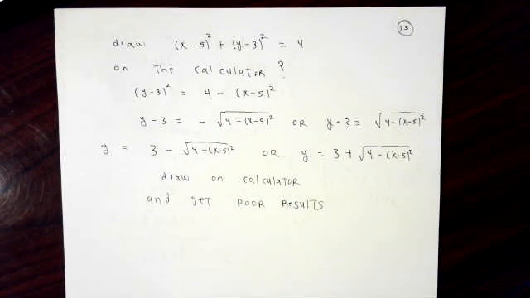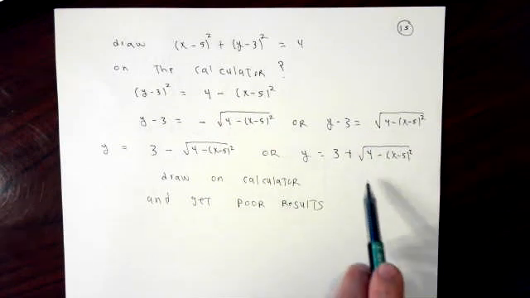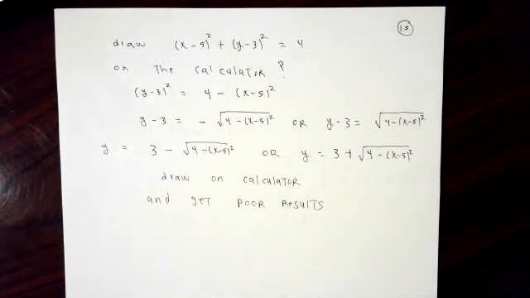If I tell you that a number squared is 16, say, the number might be 4 or it might be negative 4. If this happens, add 3 to both sides, and you'll find out that y is 3 plus radical 4 minus (x minus 5) squared.